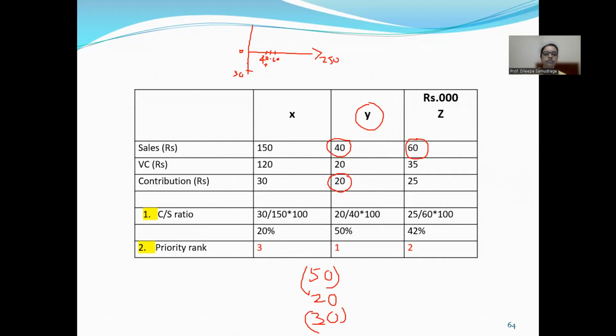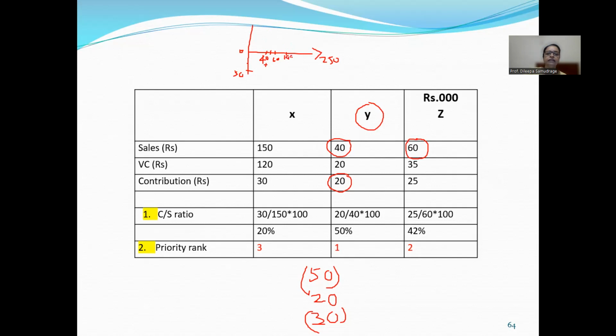Yes. Madhava says it should be a cumulative value because the gap should be 60,000. So already you have marked 40,000. You have to add 60,000 to 40,000 and decide the sales point. Then if you add 60,000 to 40, it should be 100, right?